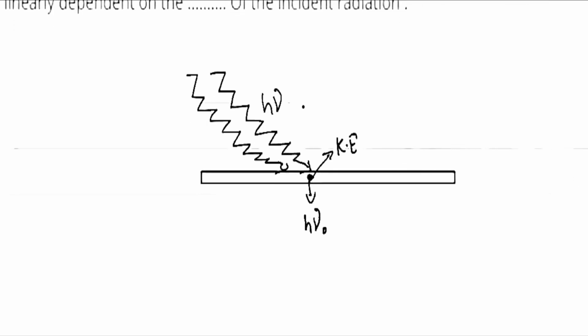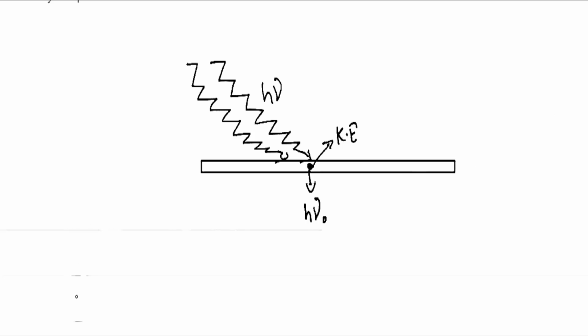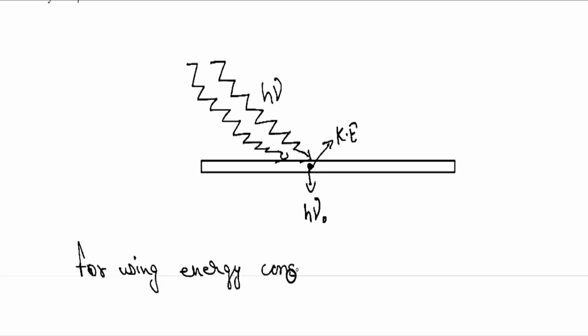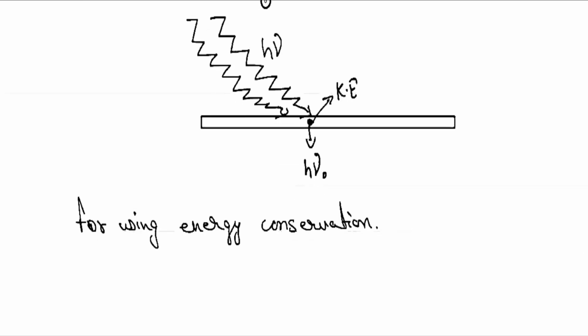In this case, using energy conservation, we can say that the energy of the incident ray, h nu, is equal to the threshold energy of the electron plus the kinetic energy of the electron.